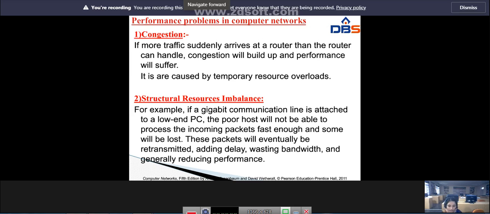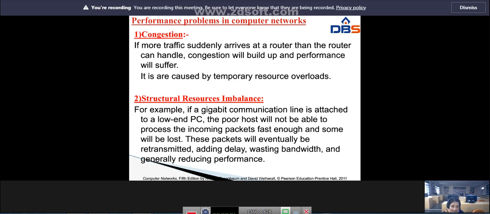Next, coming to performance problems in computer networks. What is meant by performance problems? The first one is congestion. If more traffic suddenly arrives at a router than the router can handle, congestion will build up and performance will suffer.